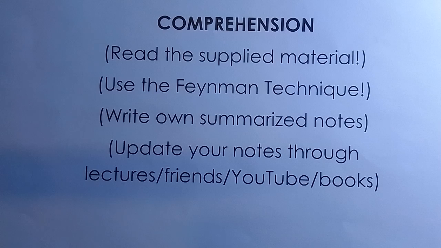Now, how do you do this? How you write your summarized notes is you take a plain sheet of paper after you've read the content, or maybe immediately after you've read the content, or maybe an hour after, whatever time period. You take a sheet of paper where you write your notes, or you take your laptop and write your notes, or whatever device or system you use to write notes.